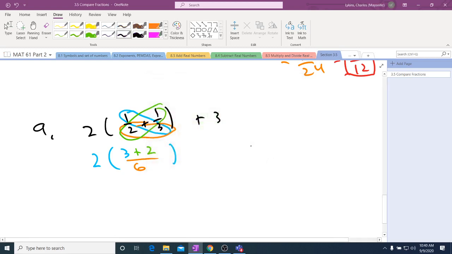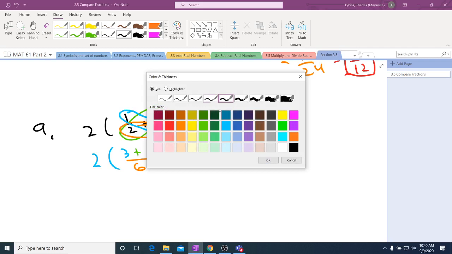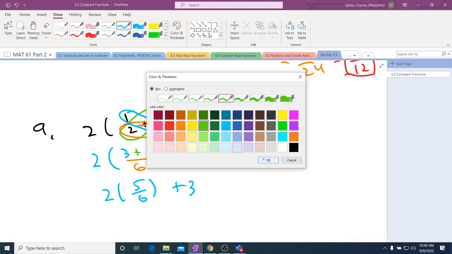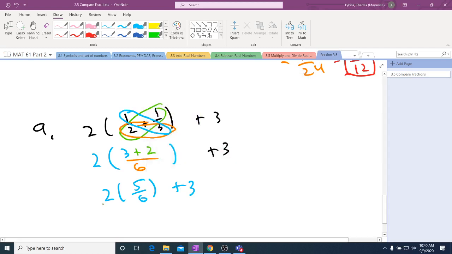And I still have my plus 3. So 3 plus 2 is 5. So 2 times 5 over 6, plus 3. Notice right here, that 2, you can put that over 1 and say, okay, 2 goes into 6 3 times. So this is 1 times 5 is 5, over 1 times 3 is 3, plus 3. And I'm going to put that over 1.